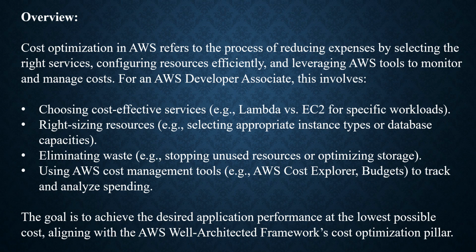The overview: cost optimization in AWS refers to the process of reducing expenses by selecting the right services, configuring resources efficiently, and leveraging AWS tools to monitor and manage costs. For the AWS Developer Associate exam, this involves choosing cost-effective services, for example Lambda versus EC2 for specific workloads, right-sizing resources, eliminating waste, using AWS cost management tools to track and analyze spending.